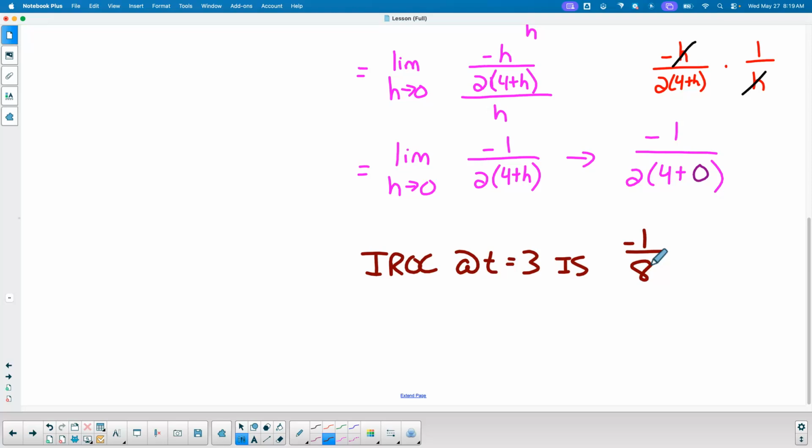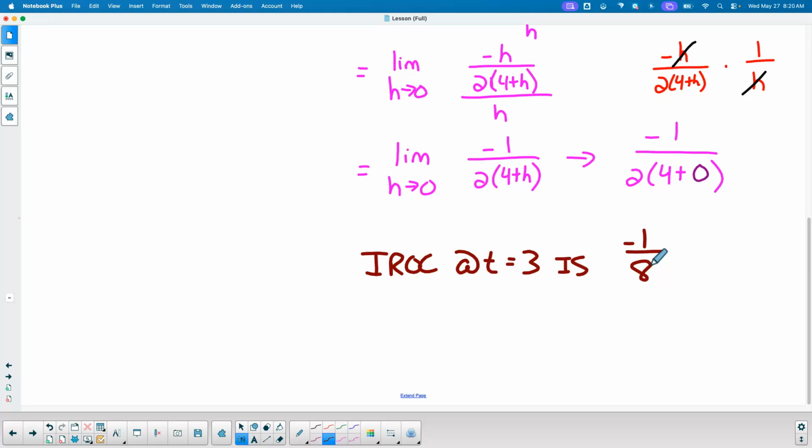And if I gave you the next problem, find the IROC of the same function at a different t value, you've got to do all of that work over again, and over again and over again, for every different t value.